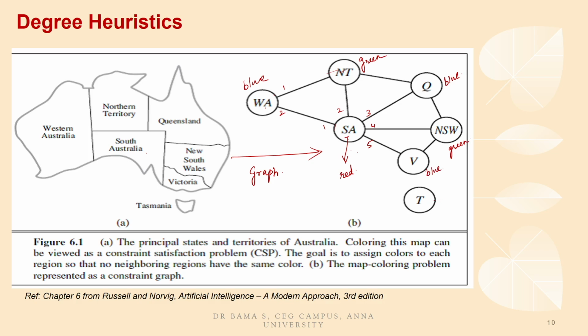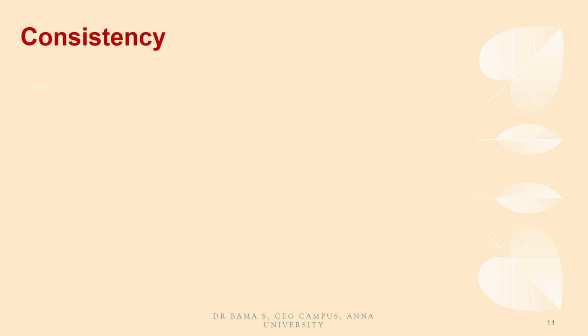This can take any color, which is green. So, using this maximum degree heuristic, we can address the constraint such that no two adjacent regions share the same color. So, this is the second type of heuristic.